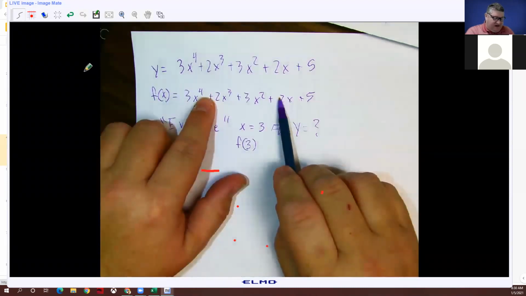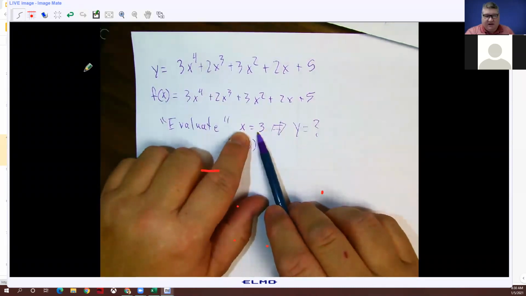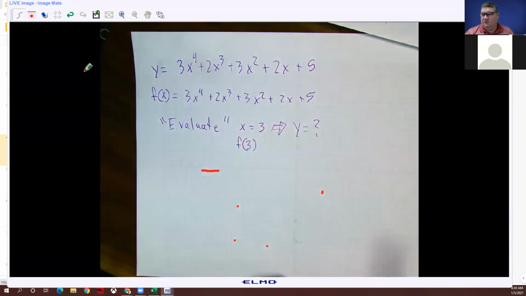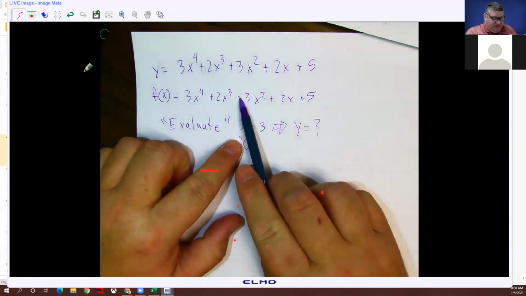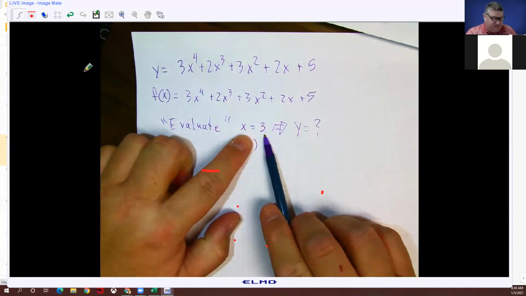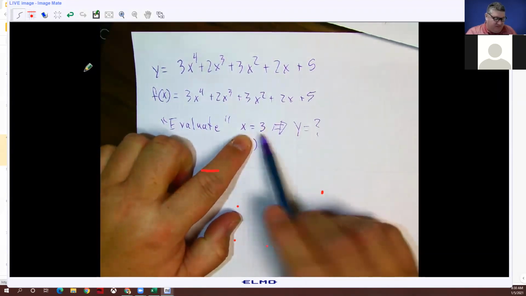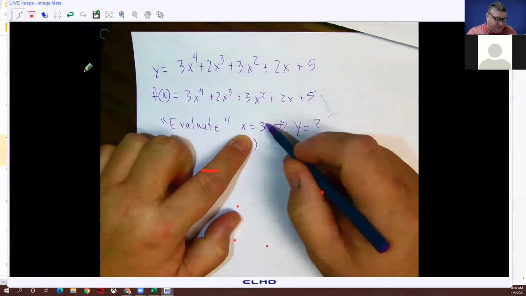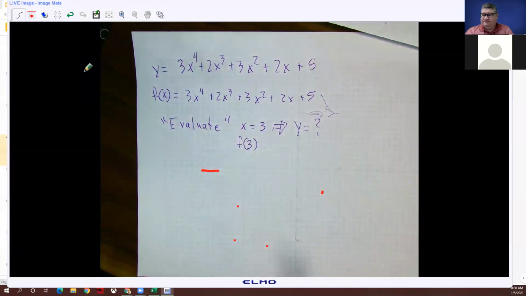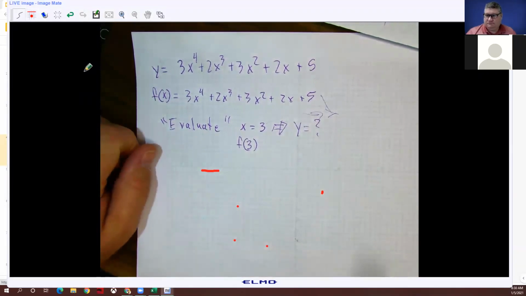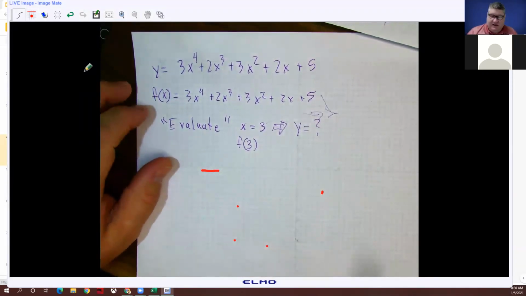If here's my equation and x equals 3, how would I find what y equals? Put it in the chat. If I have the equation, I know x equals 3, how can I combine these two to figure out what y is? I'm going to go ahead and plug it in.